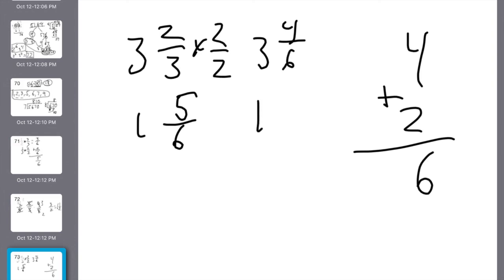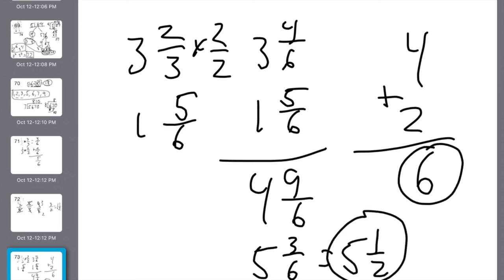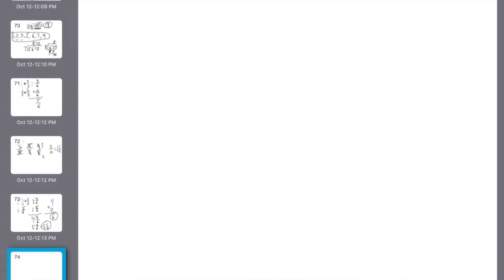Common denominators are 6s, so I have 3 and 4/6 plus 1 and 5/6. Add together gives me 4 and 9/6. That equals 5 and 3/6, which equals 5 and 1/2. Actual, estimated. Great problem.